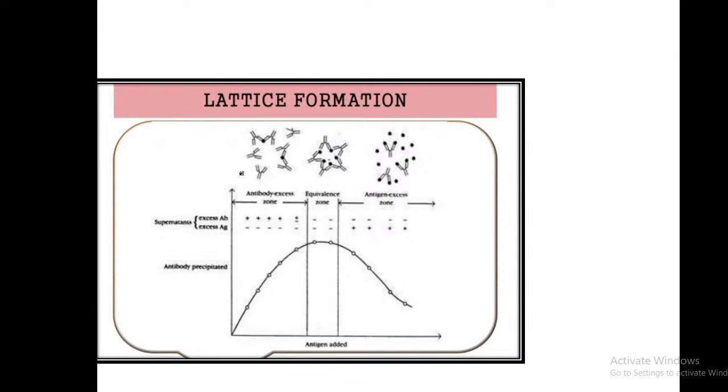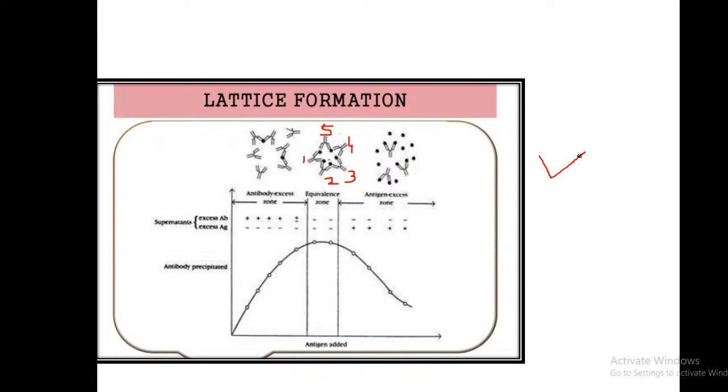We'll come back to the previous slide later. This is known as lattice formation. It means one antibody can bind with multiple antigens. Just see, this is antibody 1, antibody 2, antibody 3, antibody 4 and antibody 5.